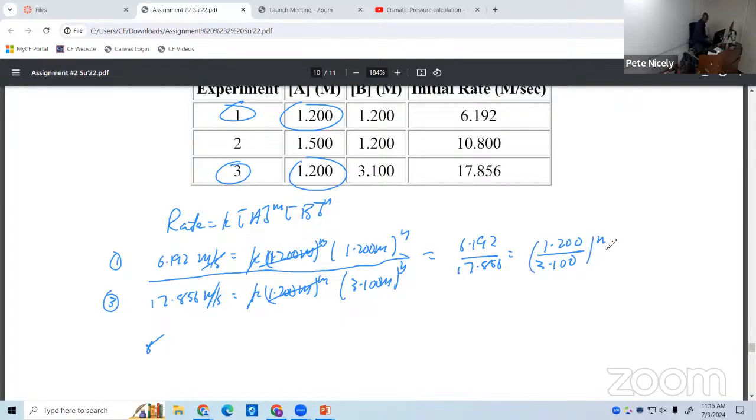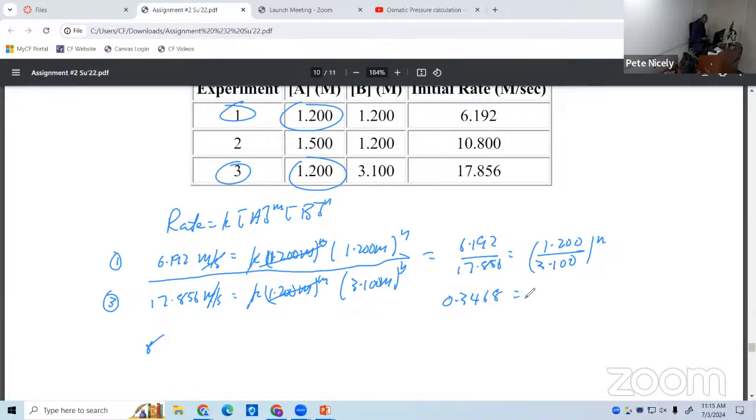And then let's see what this gives. 6.192 divided by 17.856. So this part works out to be equal to 0.3468.